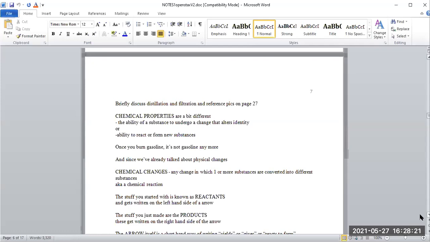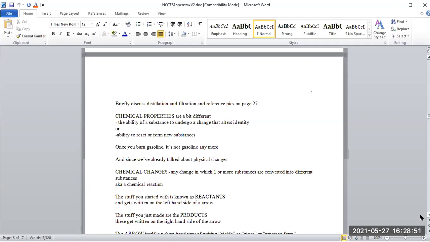It has the ability to undergo that particular event, but it hasn't happened yet. The chemical changes imply that it is either in the process of doing so or it has just completed that change.